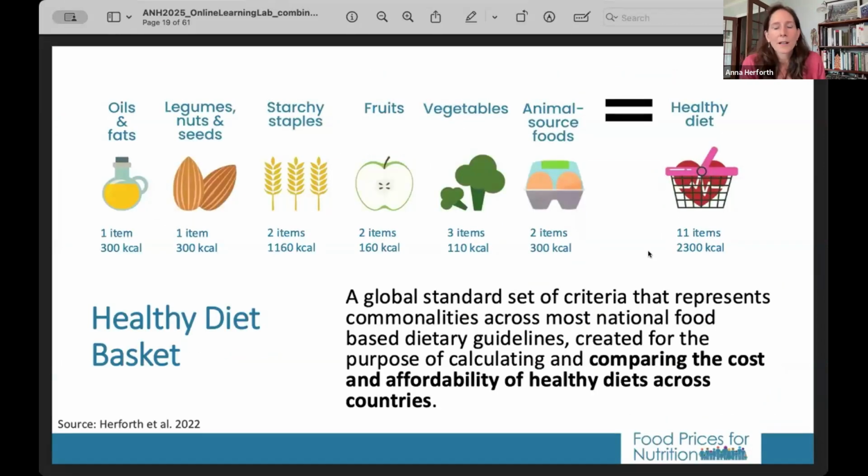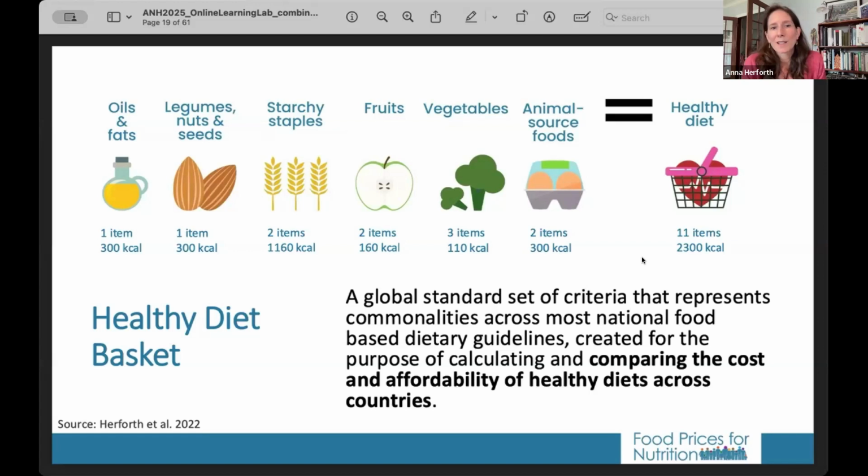And to further specify what exactly this means in terms of energy content and diversity, because dietary guidelines universally recommend diversity, specifically within especially the fruits and vegetables food groups, but diversity overall. We don't just include one item per food group, but several.